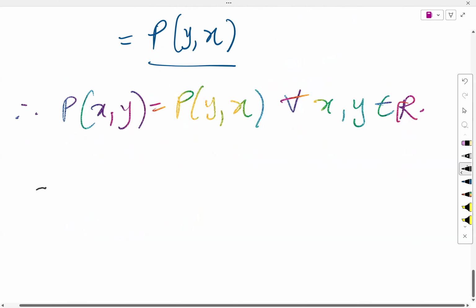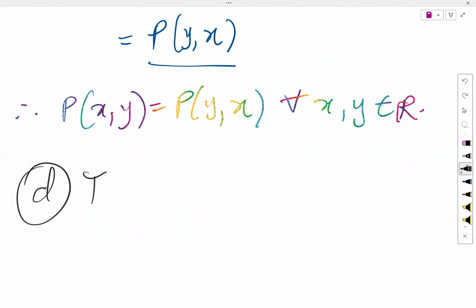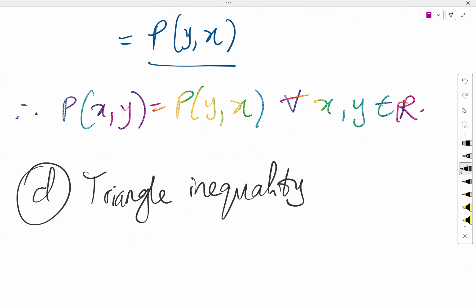Now let's go for the last one, which is the idea of triangle inequality. Okay.